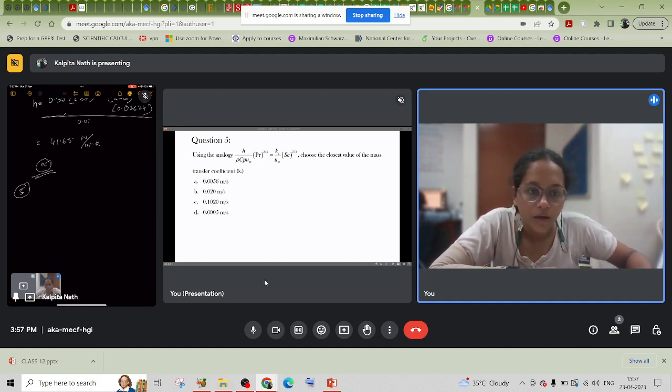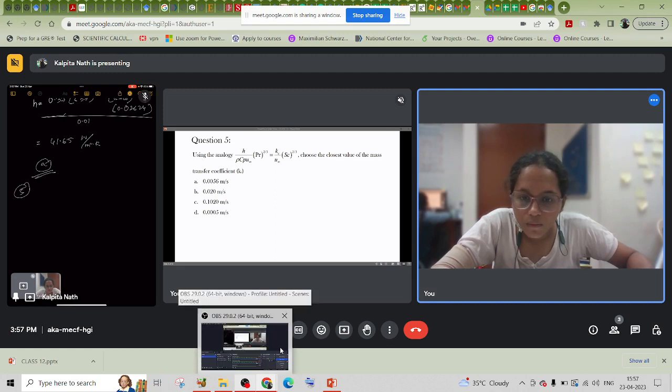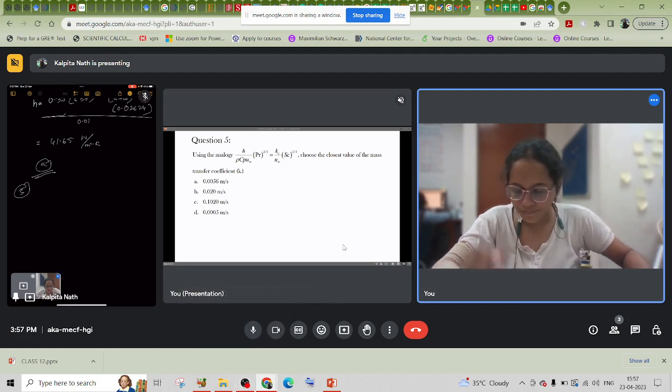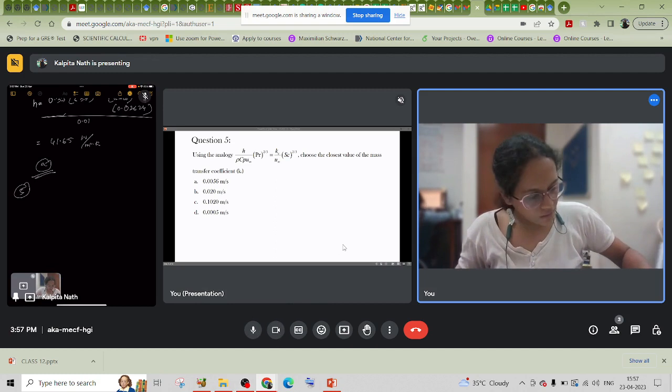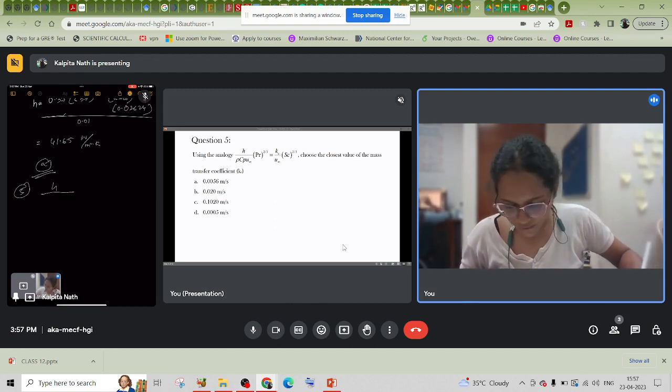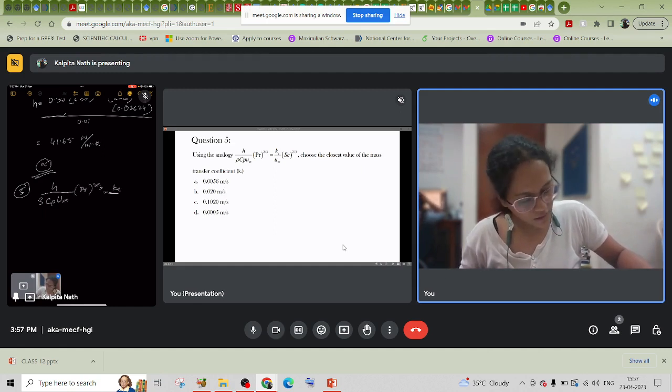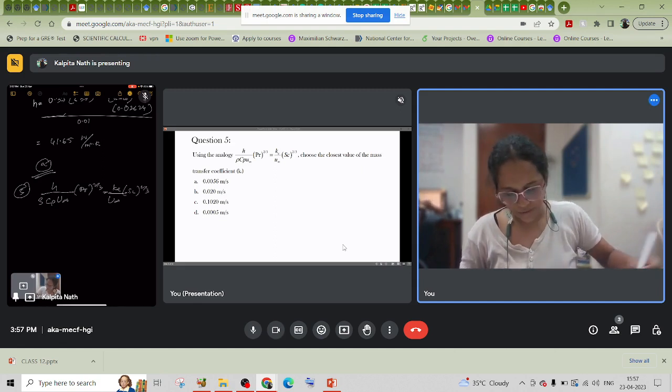Okay, so first of all, we'll write the analogy that is already given to us. St infinity Prandtl number to the power 2 by 3 equals St mass infinity Schmidt number to the power 2 by 3.